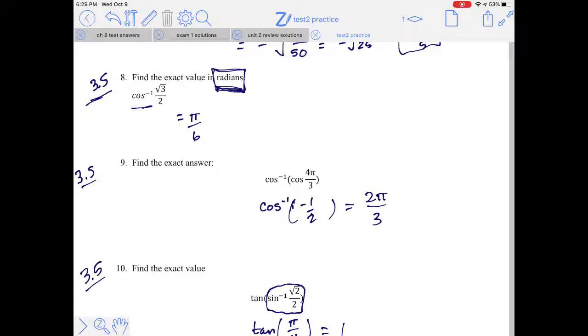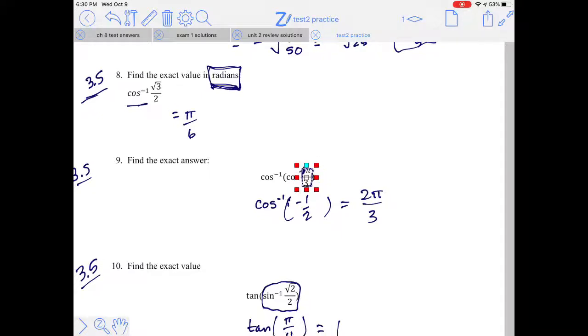No. I mean, it's good that you're trying to find patterns because sometimes that's helpful in math, but the rule of thumb is if this angle is in quadrant 1 or 2, because we're dealing with cosine, then inverse cosine and cosine cancel each other out.